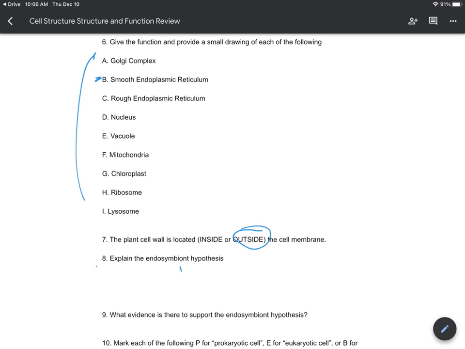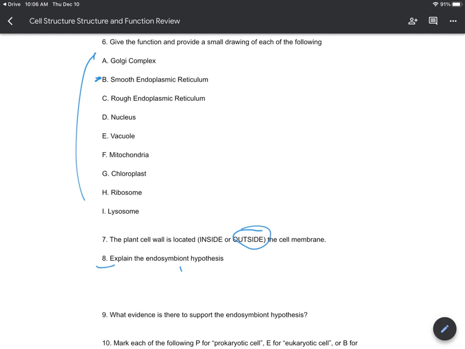Endosymbiont hypothesis was that idea that mitochondria and chloroplasts in particular probably were originally their own single-celled organisms, which then got sort of absorbed by another cell and became part of that cell and started working for that cell. Evidence for that includes all the ways that mitochondria and chloroplasts are similar to single-celled prokaryotes like bacteria.